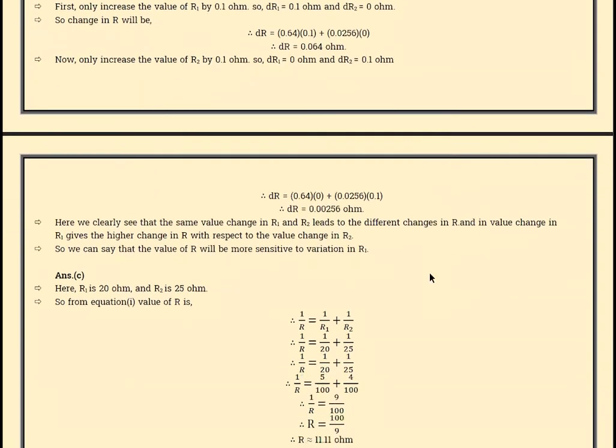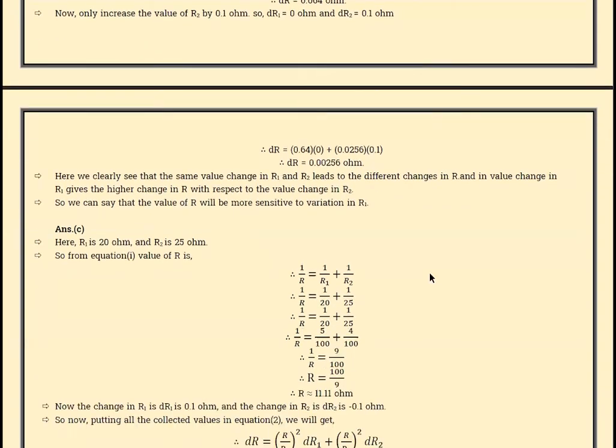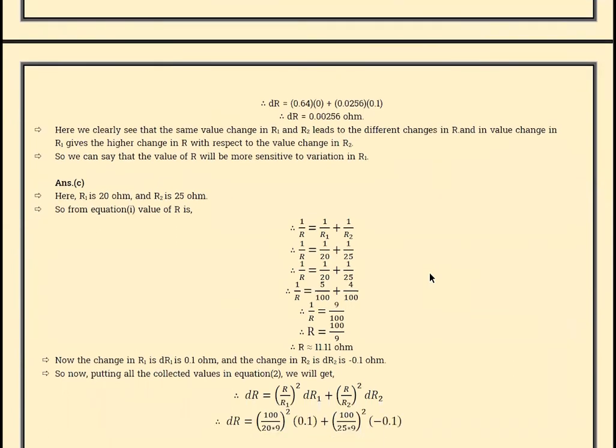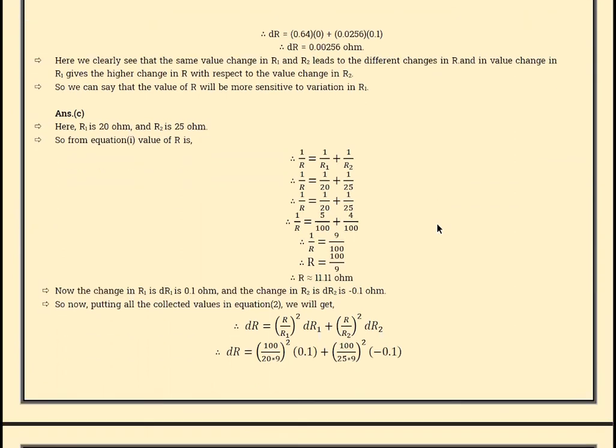Now question 3. Here the value of R1 is 20 ohm and the value of R2 is 25 ohm. So we get the value of R using the first equation. The value of R is equal to 100 by 9 ohm. Now we change the values of R1 and R2.